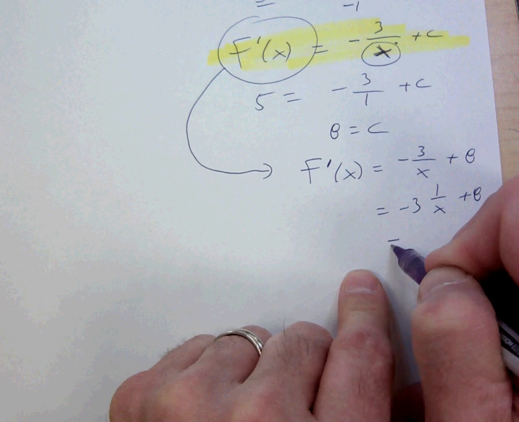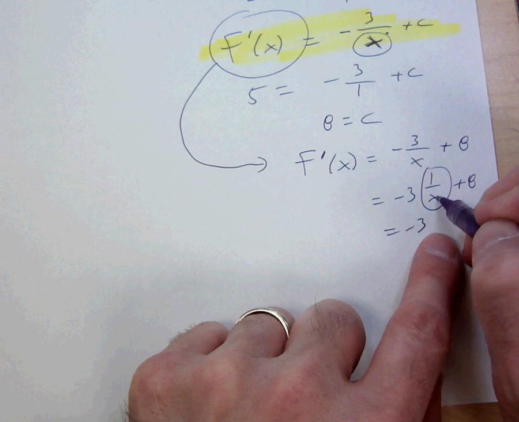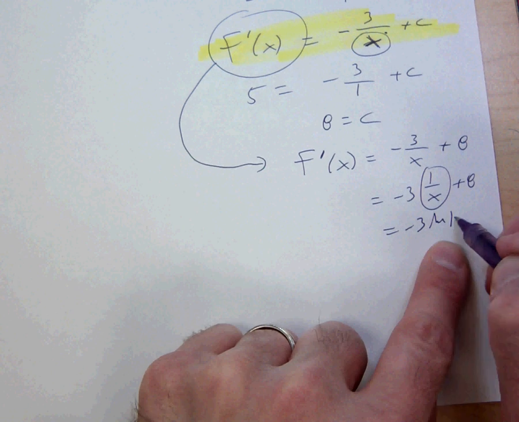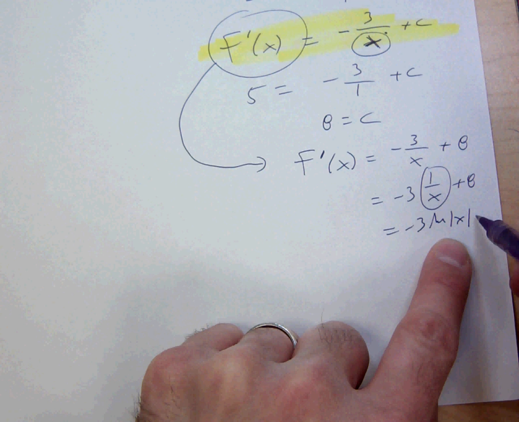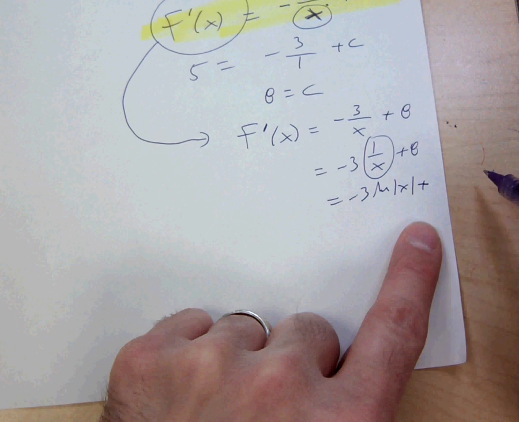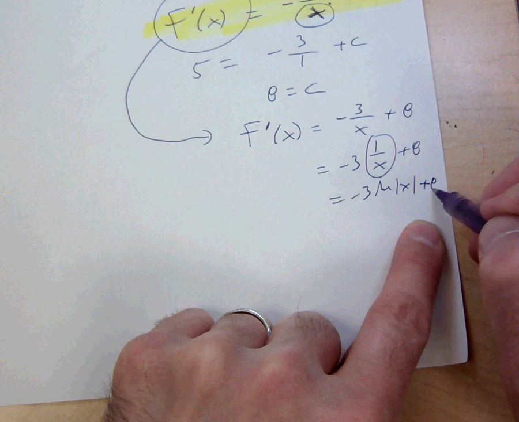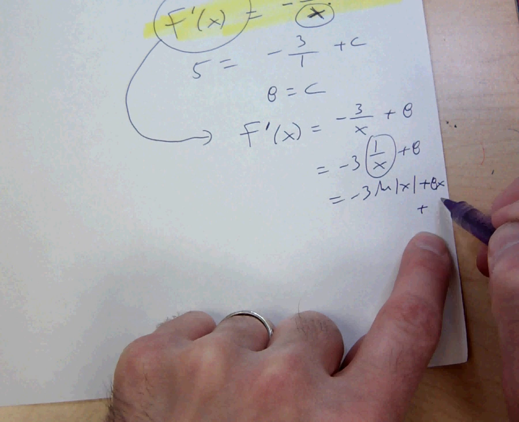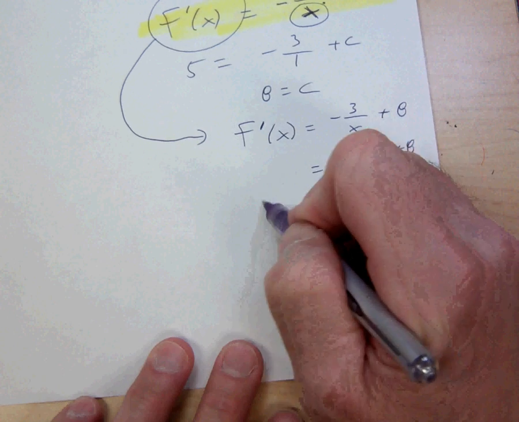And so then the antiderivative of 1 over x is? The natural log of the absolute value of x. Yep. Plus C. Okay. And that would become f, right?